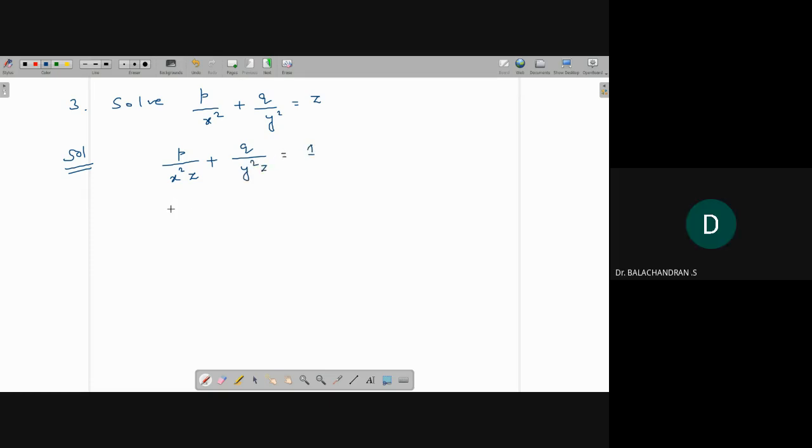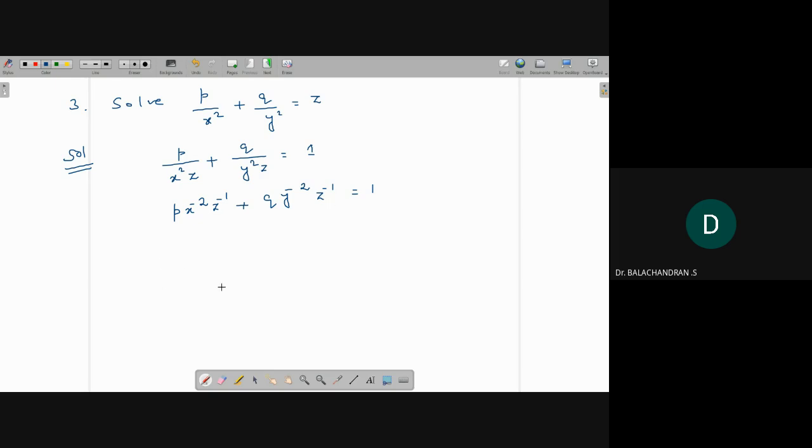Now, what is the next step? Take the x square and z up. So p into x power minus 2 into z power minus 1 plus q into y power minus 2 into z power minus 1 is equal to 1.